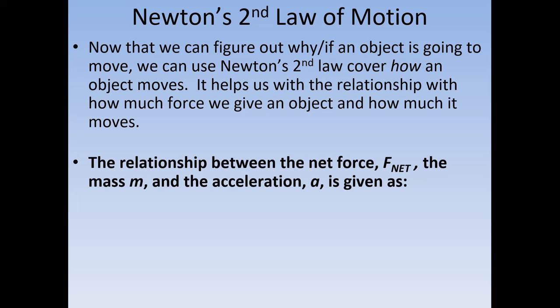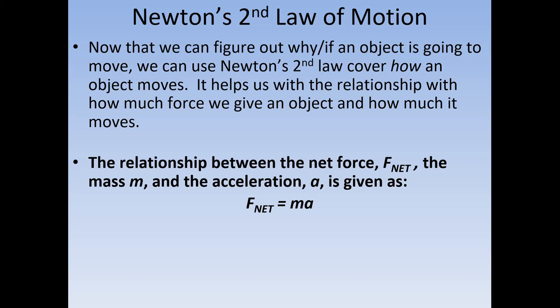The basic law is that there's a direct relationship between the net force and the acceleration, and that there's an inverse relationship between mass and acceleration. But in particular, what's really important is that we end up getting this equation, F net equals ma.